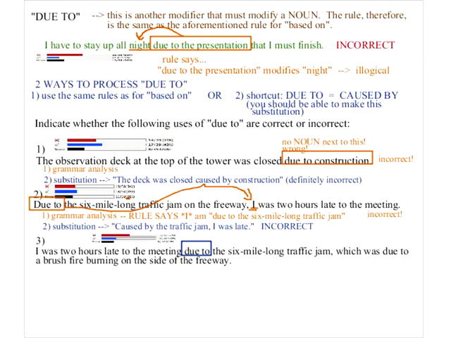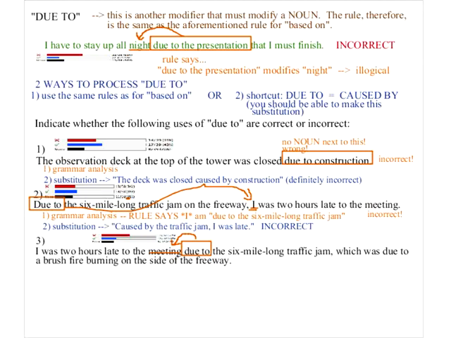This is incorrect because, again, the issue here is that it has to point to a noun, so this has to point to meeting. That doesn't make any sense. This would mean that the meeting was due to the traffic jam.